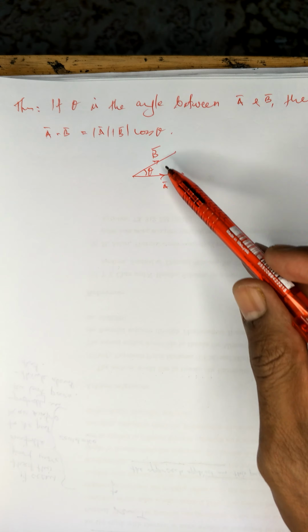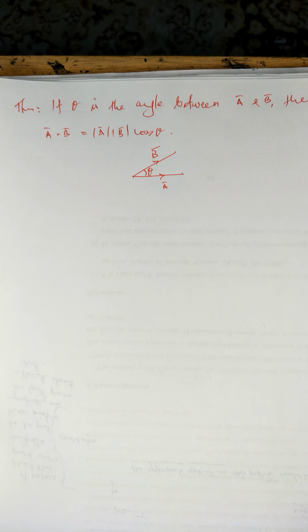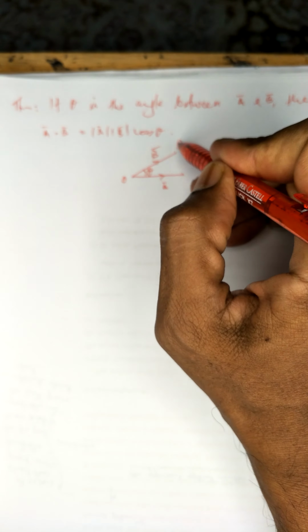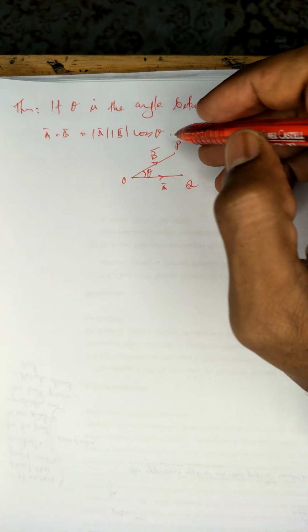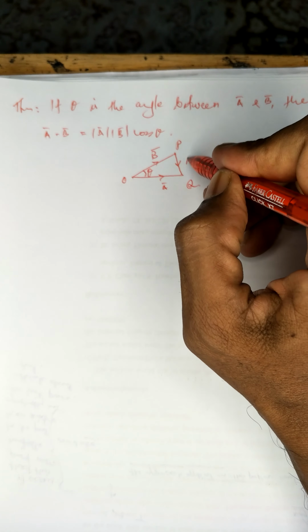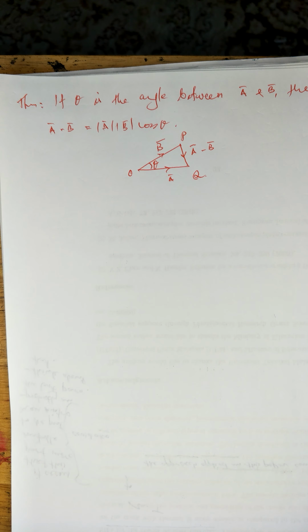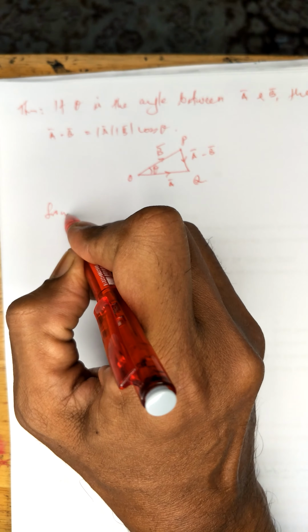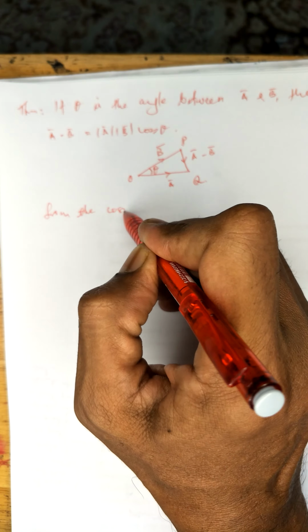Theta is the angle between A and B. If you want to prove this, you may consider this is the point 0, P and Q here, and this vector is given as A minus B. Then we can use the law of cosines.